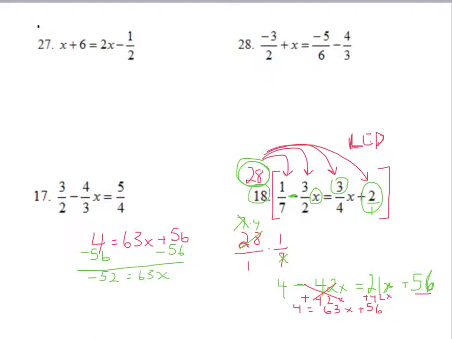And then, of course, to solve for x, we need to divide both sides by 63. And that's my final answer. Negative 52 over 63. X equals negative 52 over 63. You can go ahead and pause the video and work the other 3 problems.